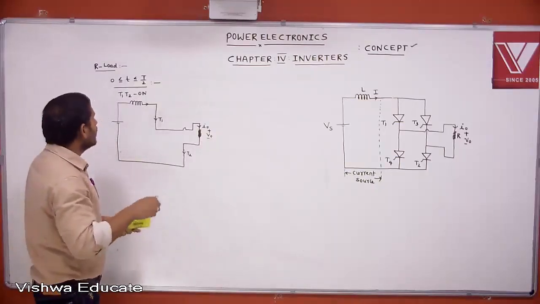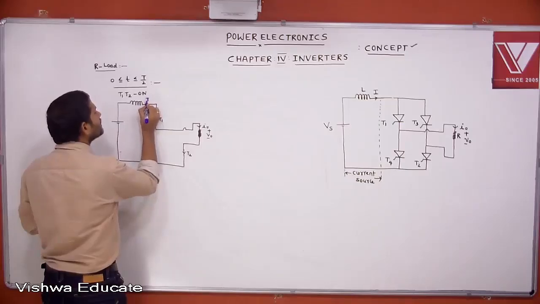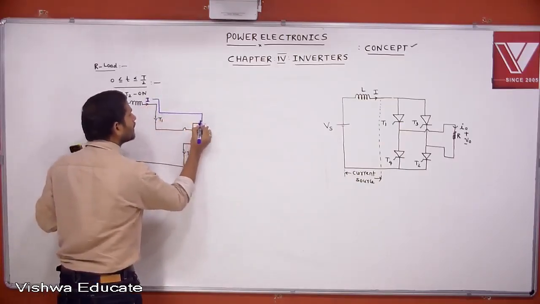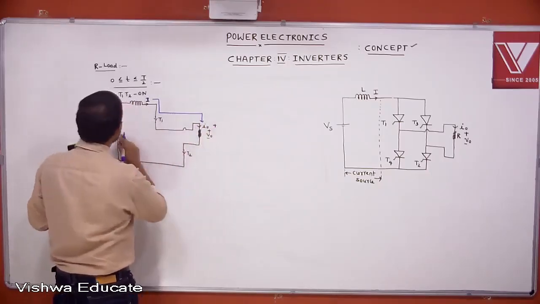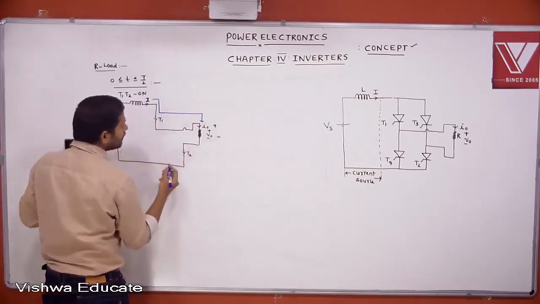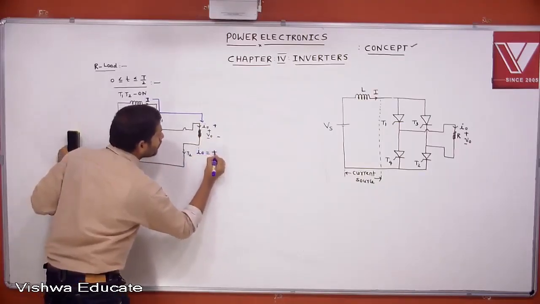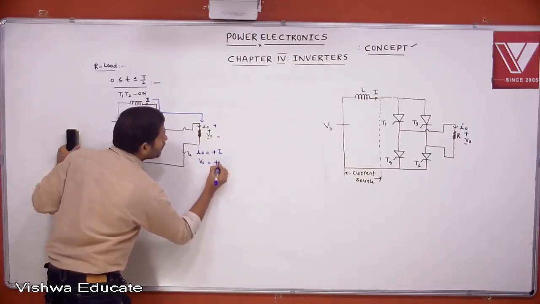If T1, T2 is on, this is the current supplied by the source. The positive polarity is connected here, the negative polarity here. That means I0 equals plus I, and V0 equals plus Vs.